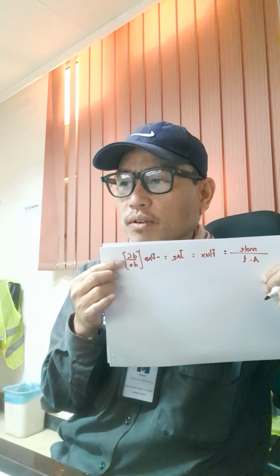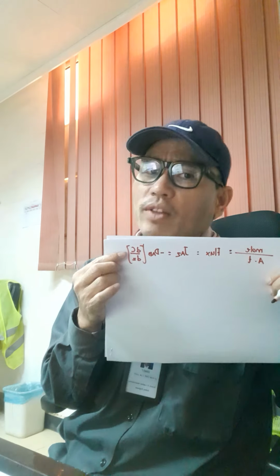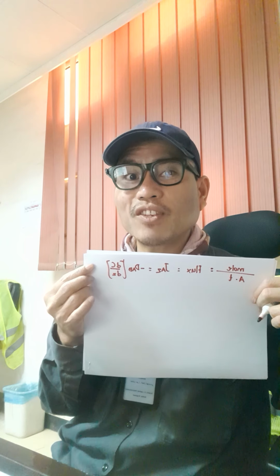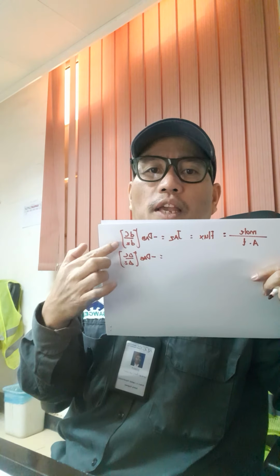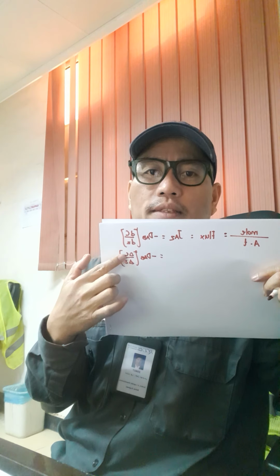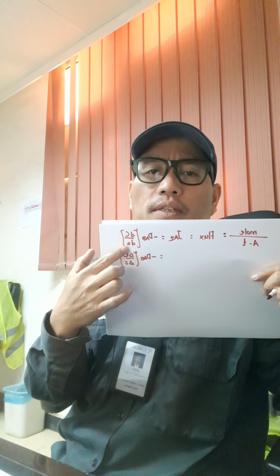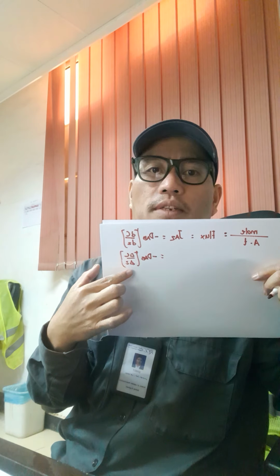Or let us say C1, C2, because they represent concentration 1, concentration 2. So we can say that also as negative D_AB times delta C over delta Z. So the same, dC is also delta C, and dZ is also delta Z.